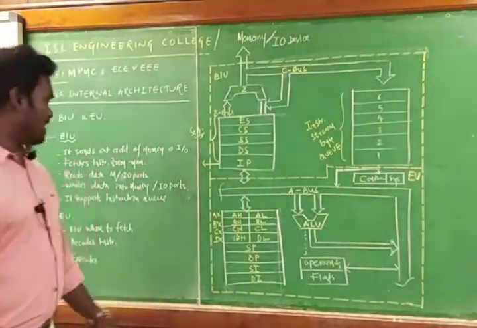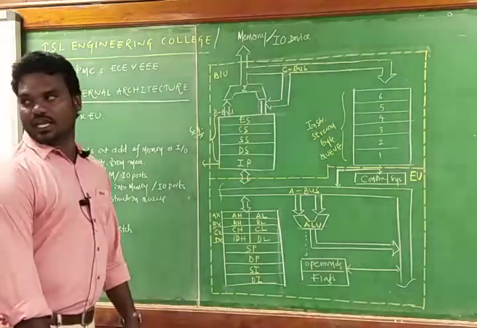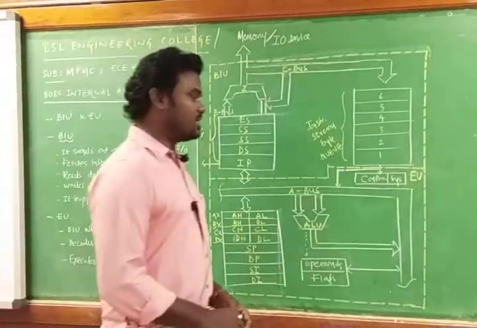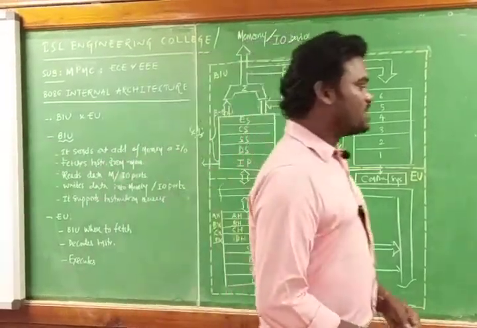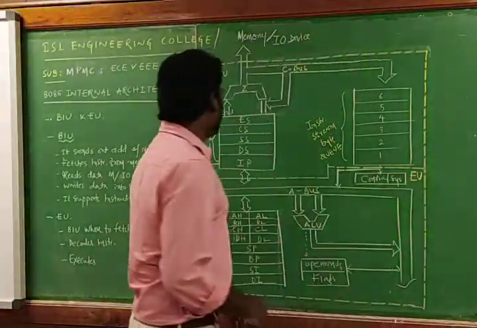And coming to the next one, that is the execution unit. It indicates that it is going to execute the instructions which are fetched by the bus interfacing unit.